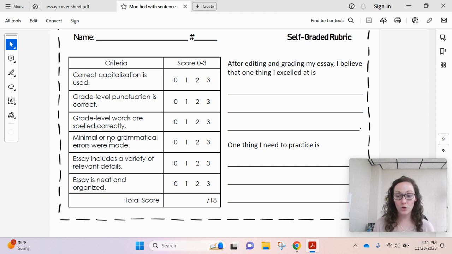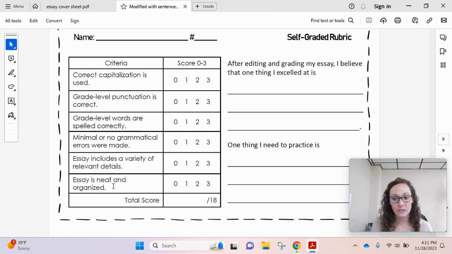Okay, is my word placement and my comma in the correct place? Essay includes a variety of relevant details. We talked about relevant, meaning it actually does relate to the topic. It relates to your person and the obstacle that you are discussing. The last one is your essay neat and organized?